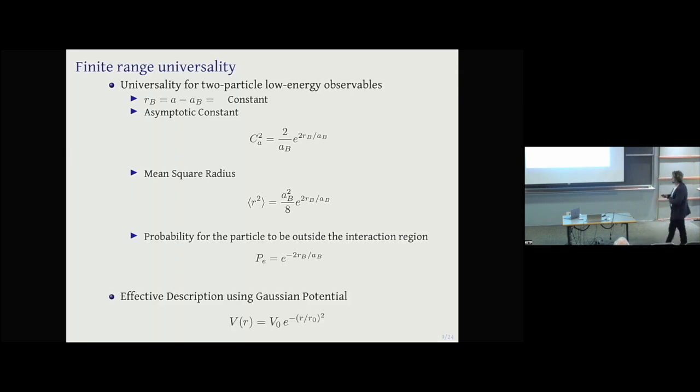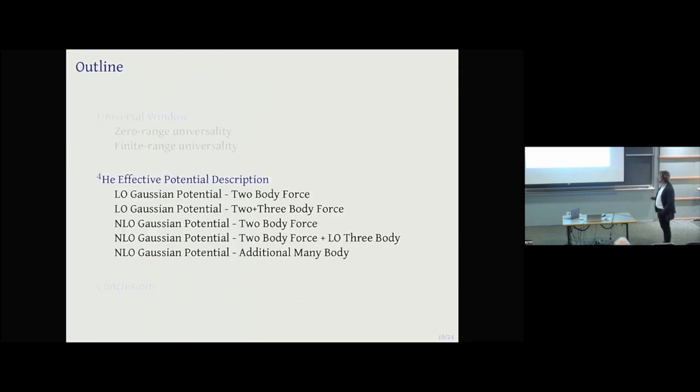So I use the Gaussian potential to describe this kind of physics, and we'll try to improve smoothly my description, constructing this Gaussian potential inspired by the effective field theory.